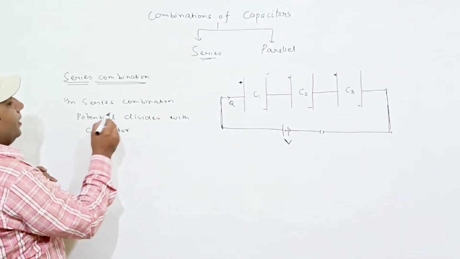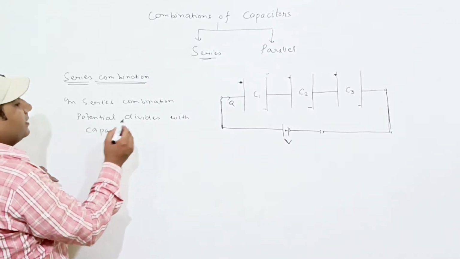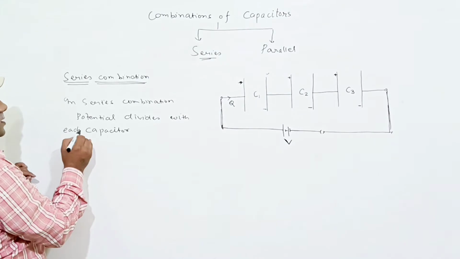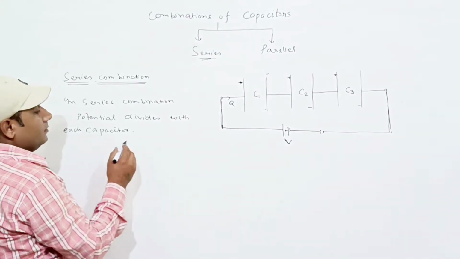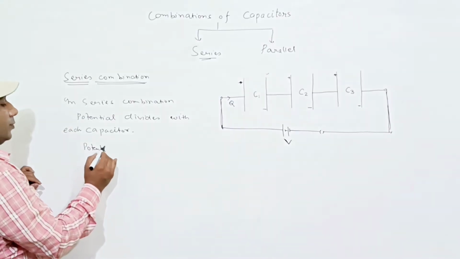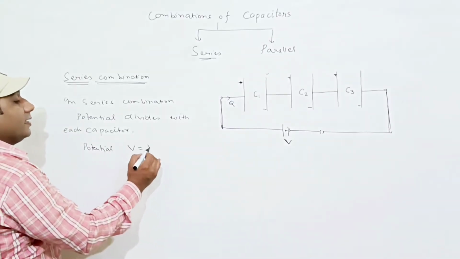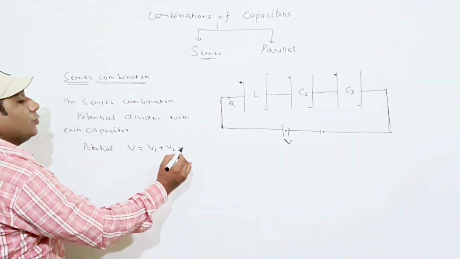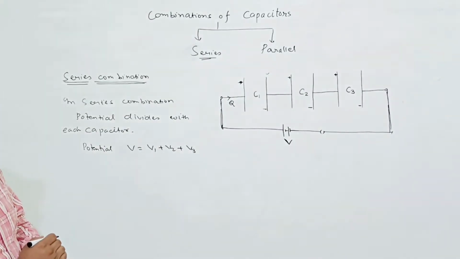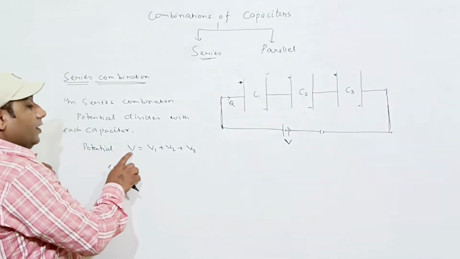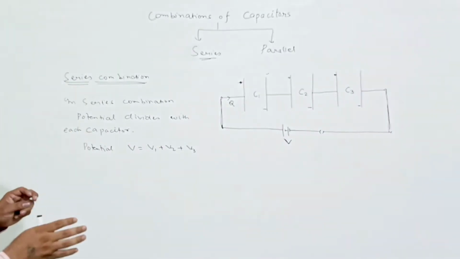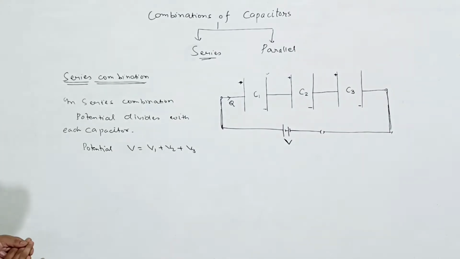In series combination, potential divides across each capacitor. Then the potential V is equal to V1, V2 and V3. Now the total potential across these capacitors will be V is equal to V1 plus V2 plus V3. इस टाइप से जो उसका पोटेंशियल होगा वो डिवाइड हो जाएगा.